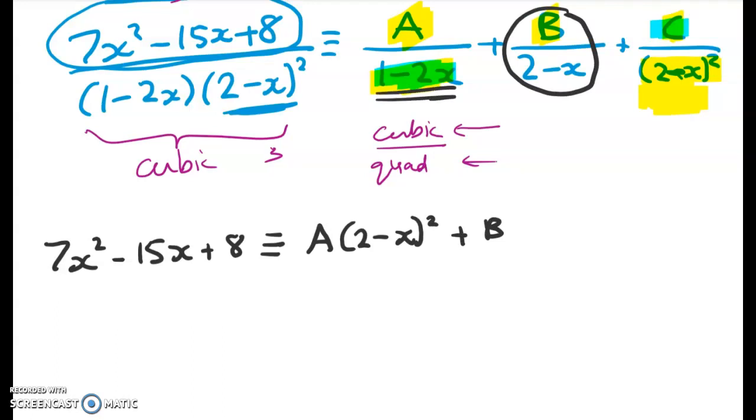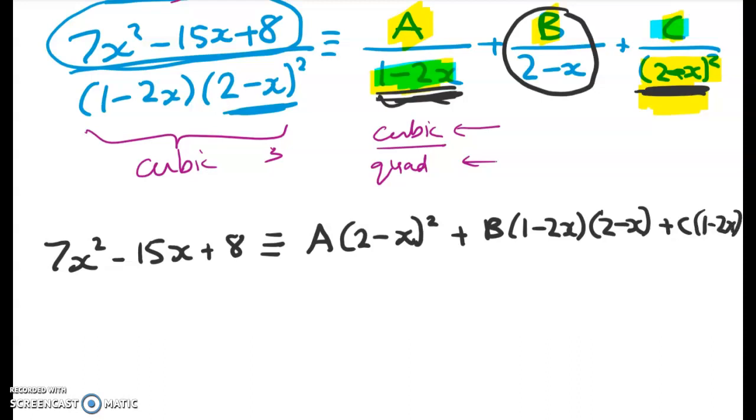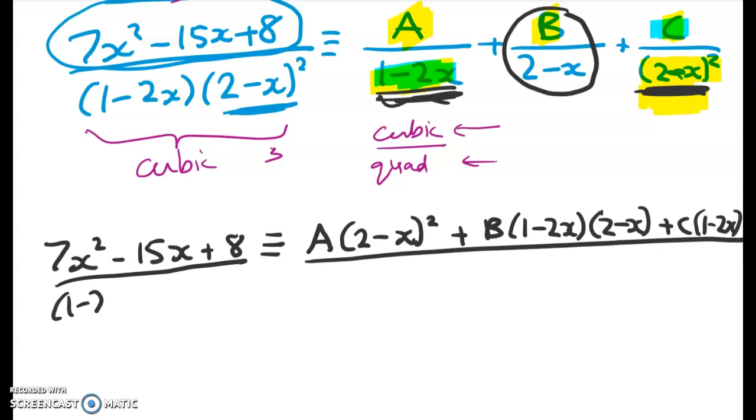My common denominator in here is this times this. So this is going to be b times (1 minus 2x) times another (2 minus x) plus c times (1 minus 2x). Now I'm going to put the common denominator in on both sides just because it is a slightly trickier example than some of the basic ones.